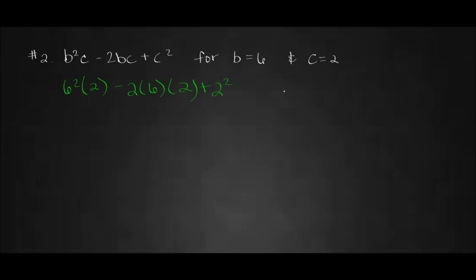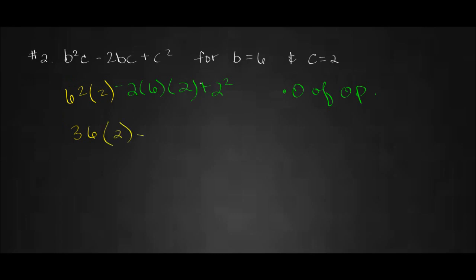Now, the first thing you're going to do once you substitute that is you still need your order of operations. First is going to be your exponent. So you're going to need to turn the 6 squared into a 36. Not a 32, a 36. So you get 36 times 2.